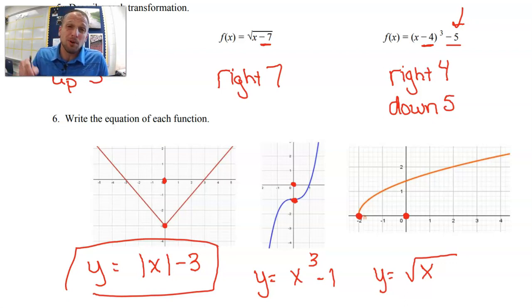So I've got to put this number, my 2, by my x, right inside with that. How do I make it go left 2? Well, that's at negative 2. Sure would make sense that I'm just going minus 2. But remember, x's are liars. Instead of going left 2, instead of subtracting 2, I have to add 2 to get there. And that's my answer. Okay?